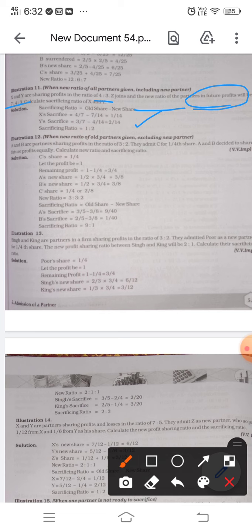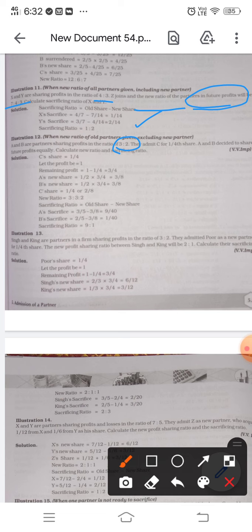Okay, so now come to the next sum. When the new ratio of the old partners is given excluding the new partner. Okay, so see the sum. There are two partners A and B and their profit sharing is 3:2.